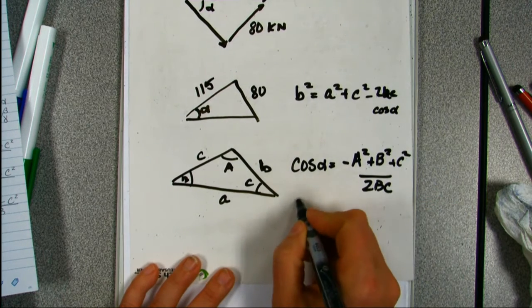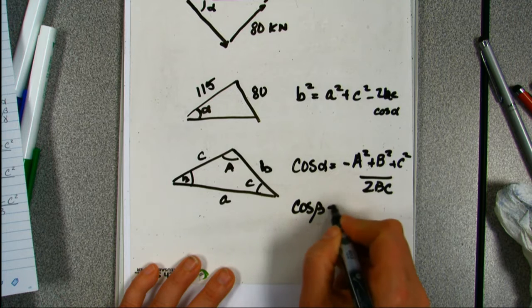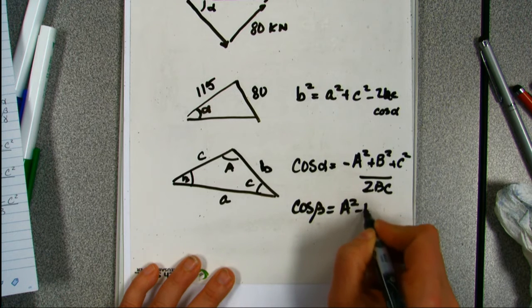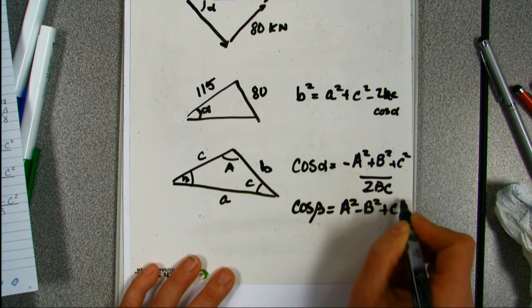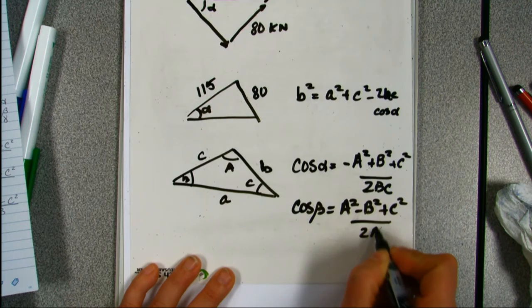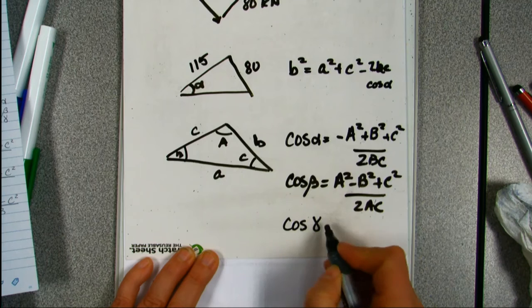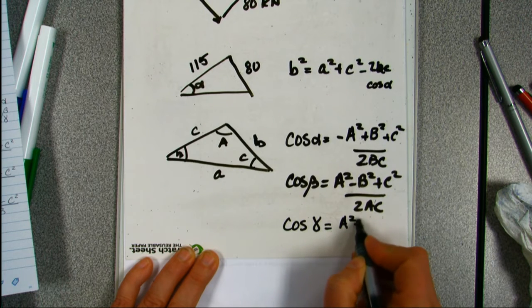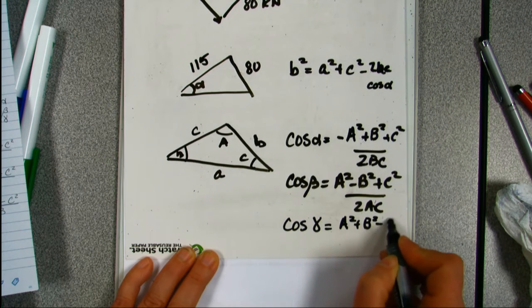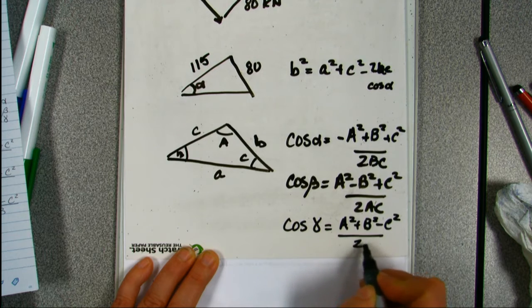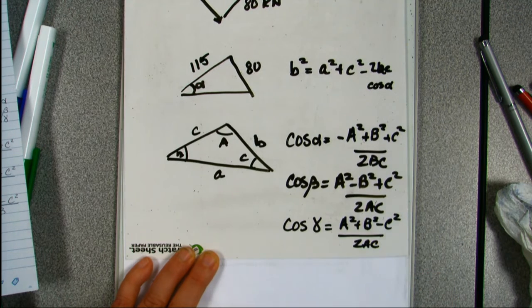And then you can go through: cosine of beta is equal to A squared minus B squared plus C squared over 2AC. Cosine gamma is A squared plus B squared minus C squared divided by 2AB.